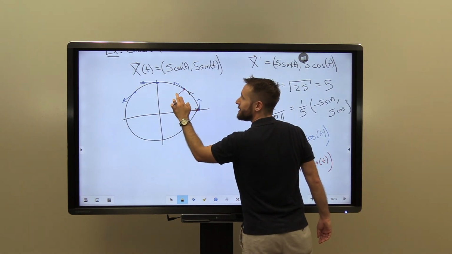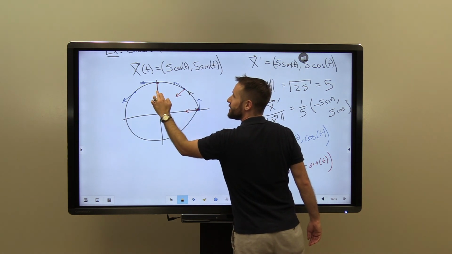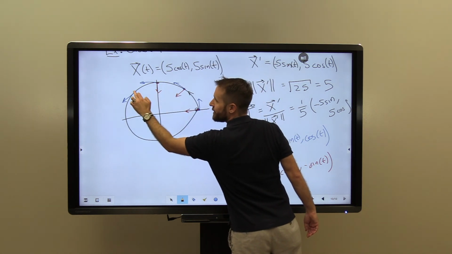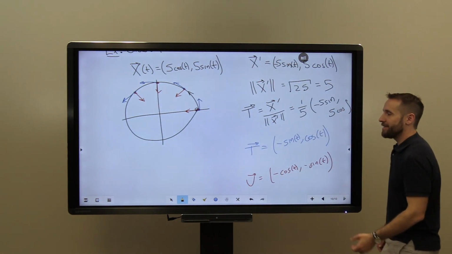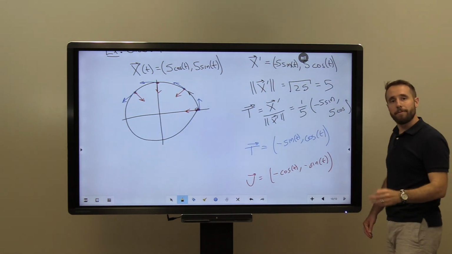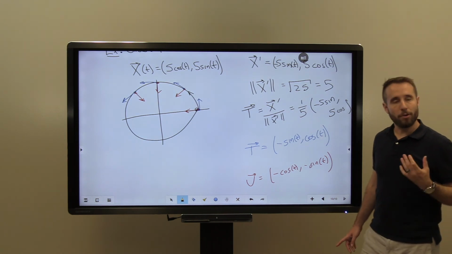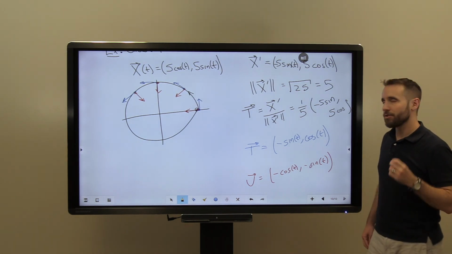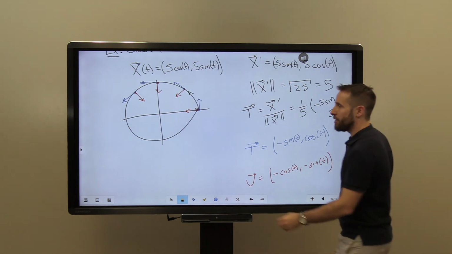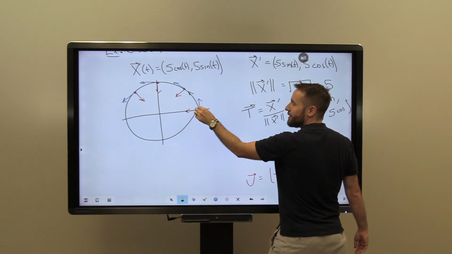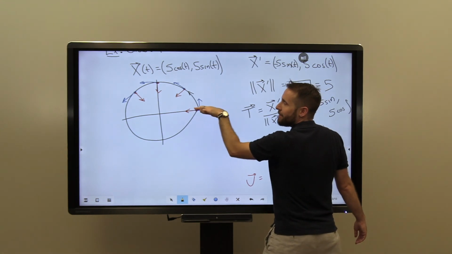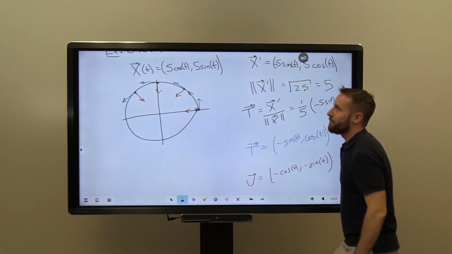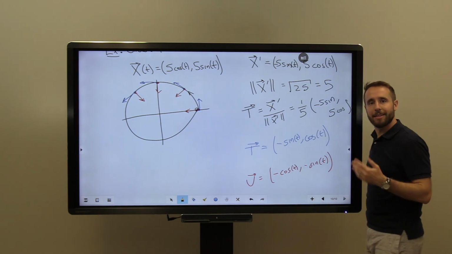And what we see is that every single time, it's going to be pointing straight in towards the origin, because it's the negative 1/5 of the original position vector. So if the original curve was drawn this far away, the unit normal vector now is 1/5 of that pointing back in towards the origin. And we can see that clearly in this picture.